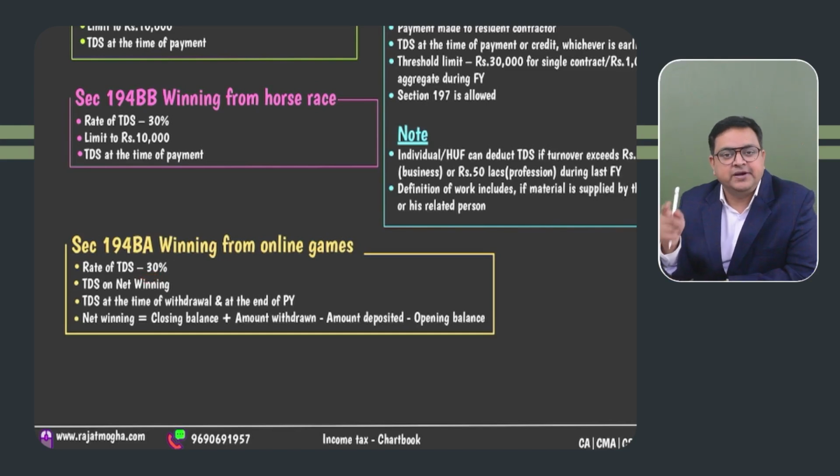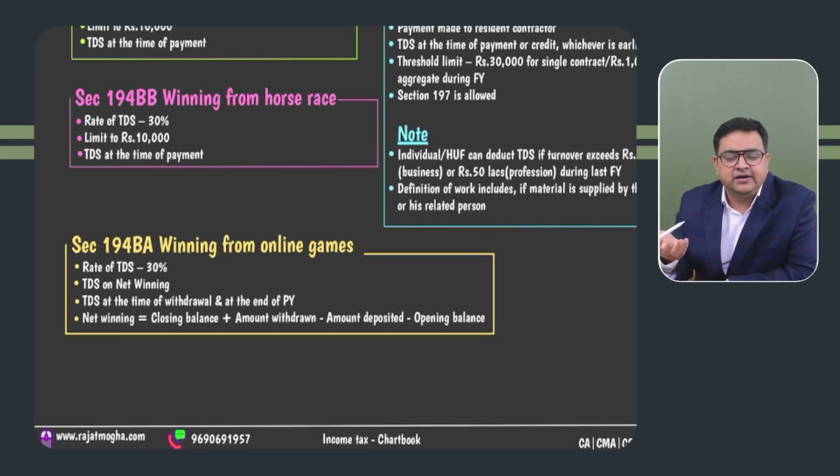This TDS will be deducted whenever you withdraw the money, or if you are not withdrawing the money from your wallet or from your online gaming app, then at the end of the previous year the TDS will be deducted on your net winning. What is net winning? It is the closing balance minus your opening balance. Also, if you have withdrawn the amount, withdrawals minus deposits is your net winning.